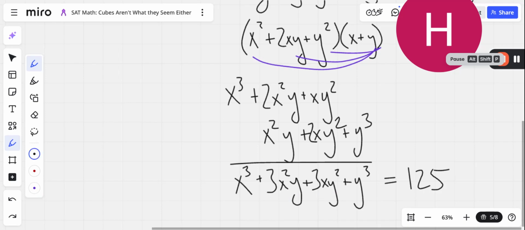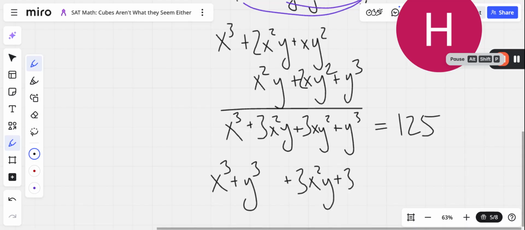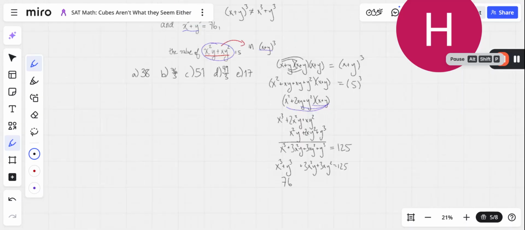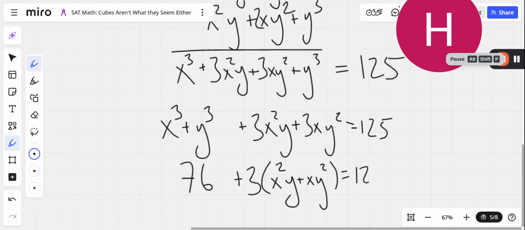So let's use the given information that tells us x cubed plus y cubed has a known value. This value is, I believe it was 76. Yes, 76 plus 3, which factors out x squared y plus xy squared, equals 125.